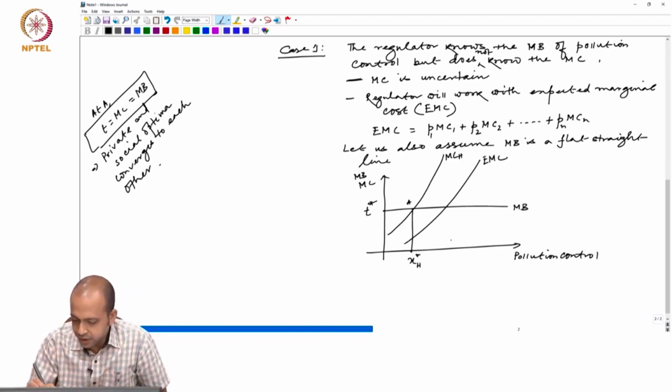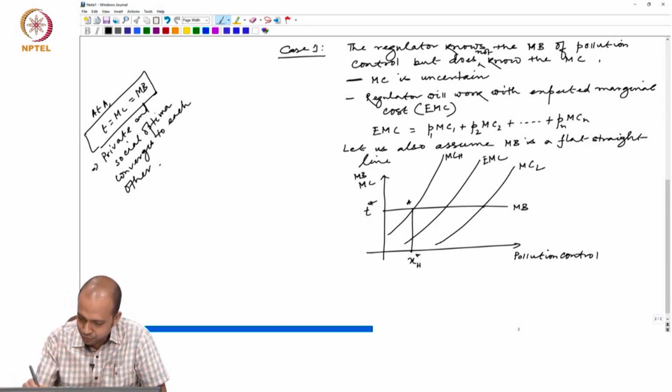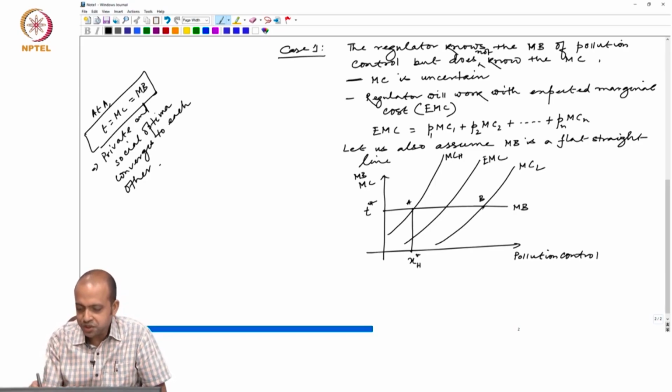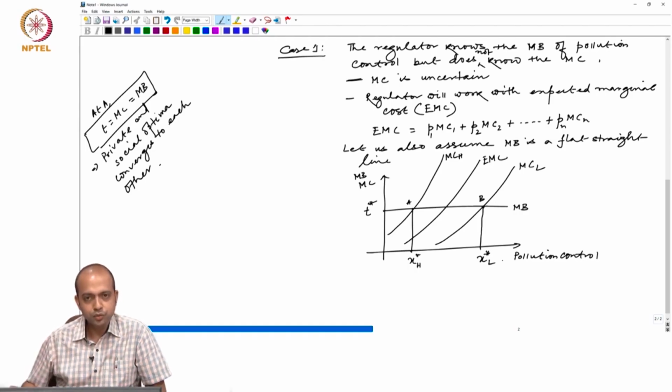Now let us say that the actual marginal cost is lower. This is MC low. Then what is happening? Let us say this is point B. So T equals MC is achieved. Yes, T equals MC. This is the tax rate T. MB equals MC is also achieved. So this is, let us say, X star low, the pollution control when the marginal cost is lower than EMC.